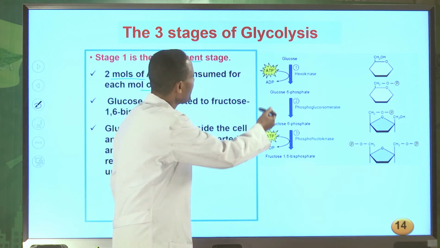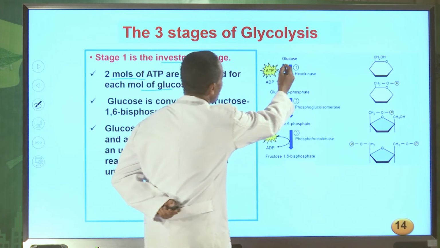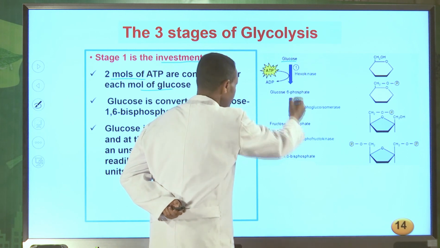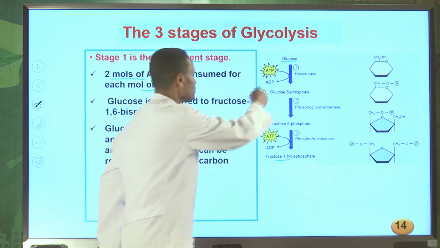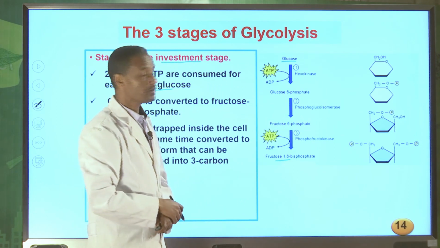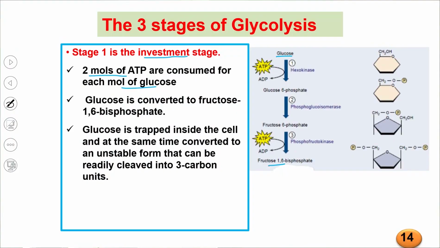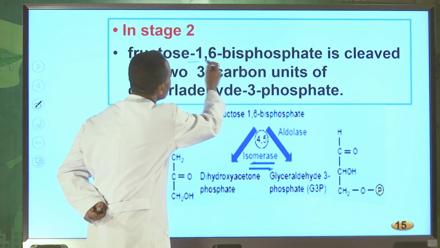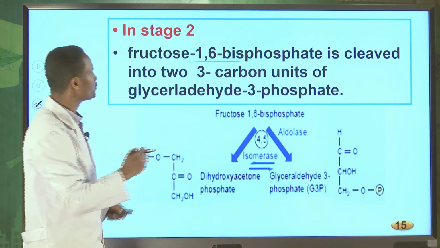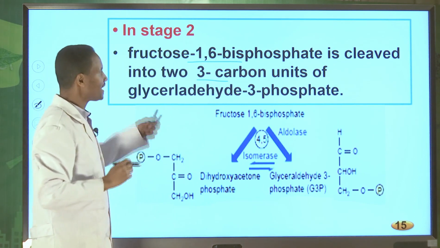Diagrammatically, in the first stage, one molecule of glucose is converted into fructose 1,6-bisphosphate by passing through different reaction steps. We will see how this reaction takes place and what kind of enzymes are used in the next steps. In stage 2, fructose 1,6-bisphosphate, which was formed in stage 1, is cleaved into 3-carbon units.